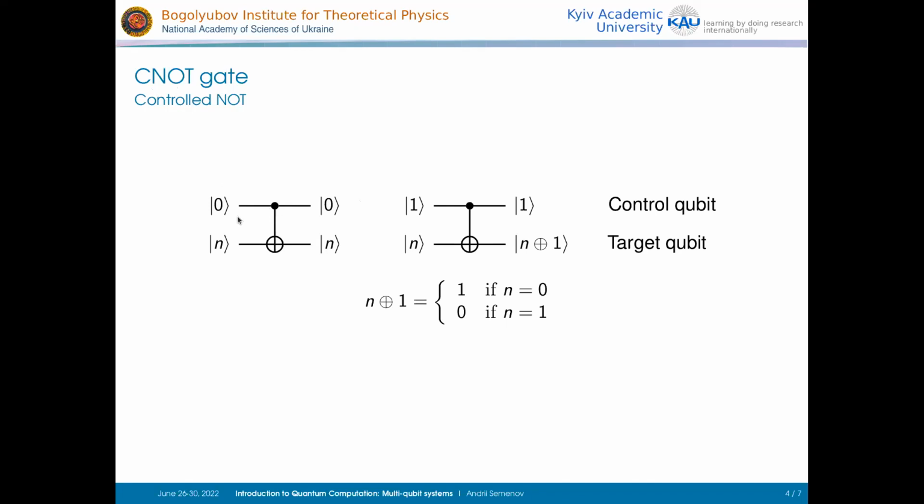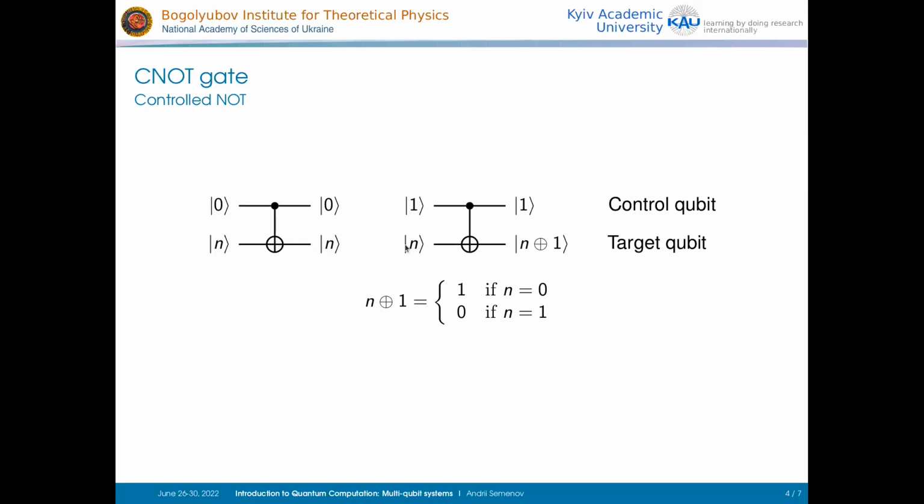Look here, this is actually an extension of classical logic. We have two qubits. One of them we call the control qubit, which we use for controlling, and another is the target qubit. When your control qubit is in state 0, then nothing happens with your target qubit.